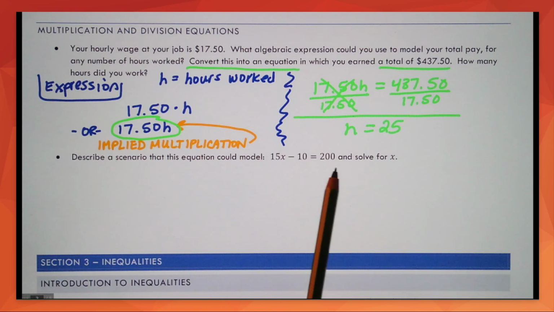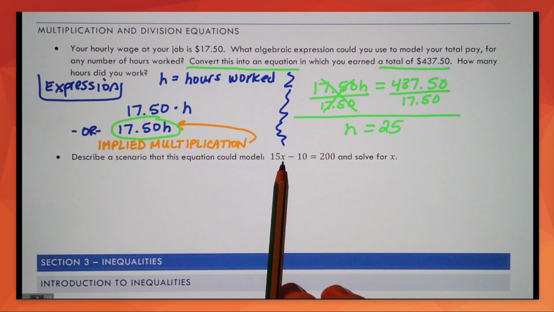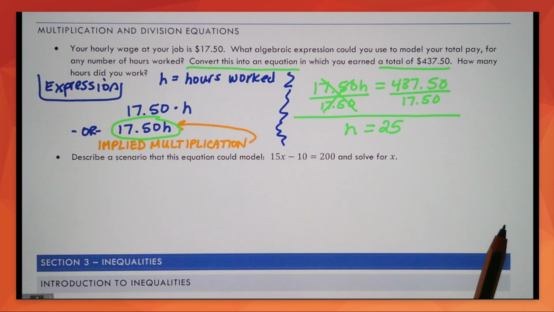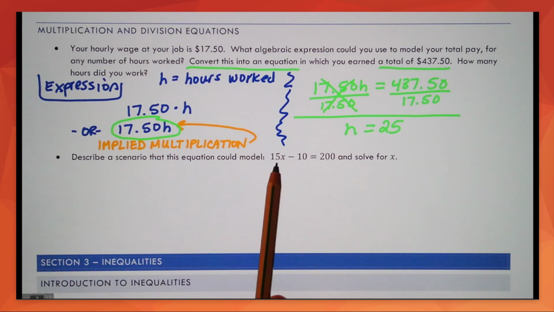And then the other thing is, we're going to solve for x. We're going to find out what value of x makes this a true statement, okay? And this is actually a two-step equation because there's two things we have to do to solve it. Okay, so pause the video and I want you to think about a scenario that could possibly fit into this equation.